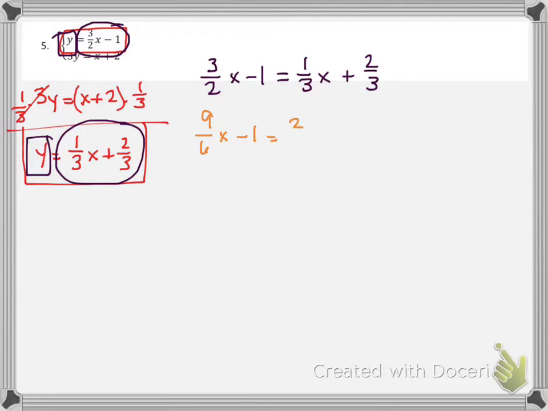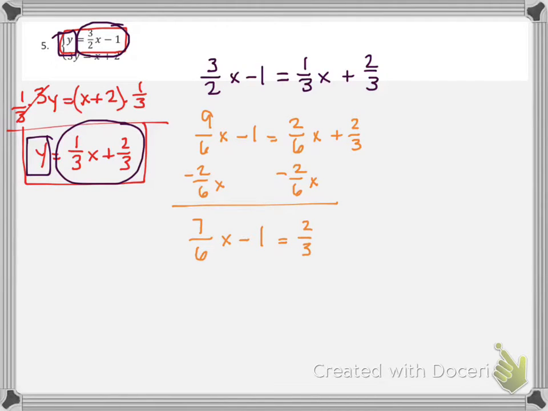That's 2/6 x plus 2/3. And now I can subtract and get all of my x's on the same side. So I'm going to subtract 2/6 x from both sides. And when I do that, 9 minus 2 is 7/6 x minus 1 is equal to 2/3.